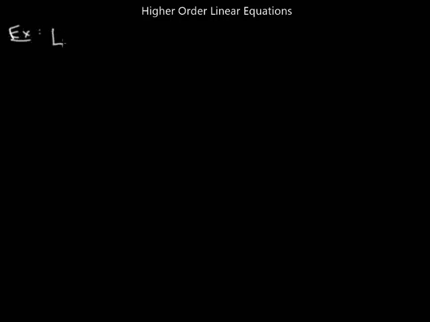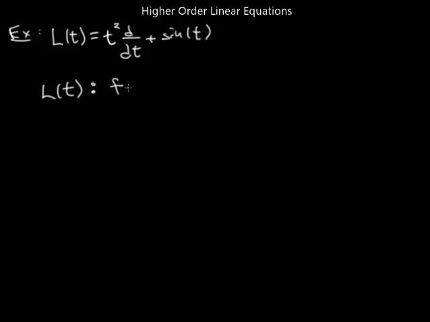So let's look at an example. Let's say L(t) was t squared times the first derivative plus sine of t. So that's an operator. What does that mean? If you apply it to a function f, you get a new function: t squared times the derivative of f plus sine of t times f.